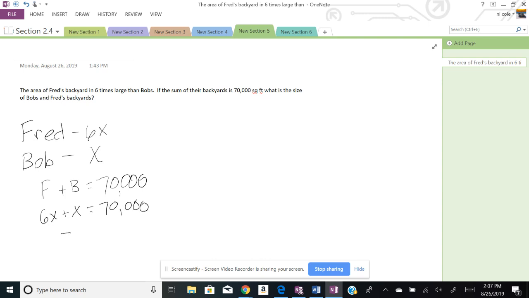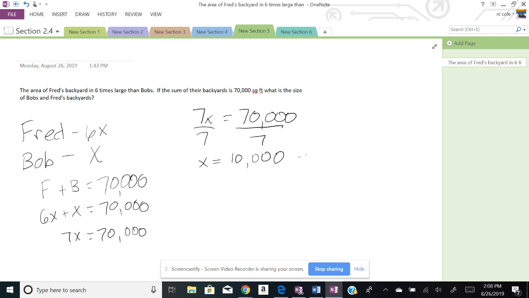I'm going to combine my like terms, so that's going to give me 7x is equal to 70,000. If I have 7x is equal to 70,000, I need to solve for x. I'm going to divide by 7. So therefore, I know x is equal to 10,000.